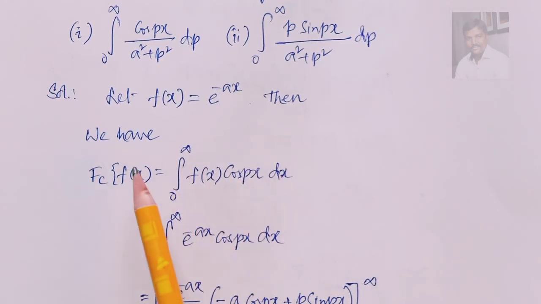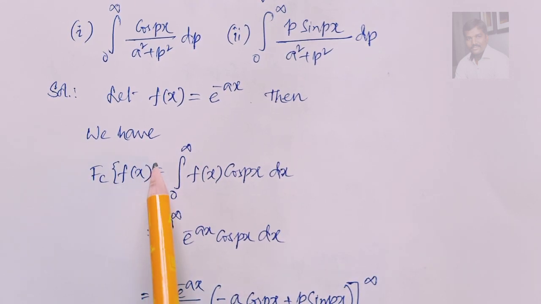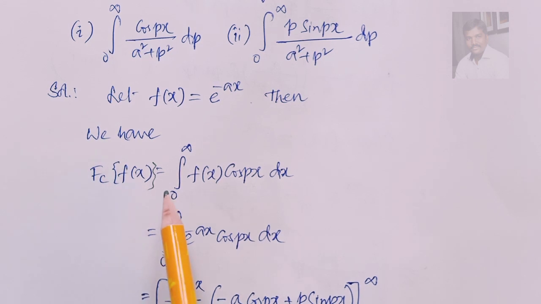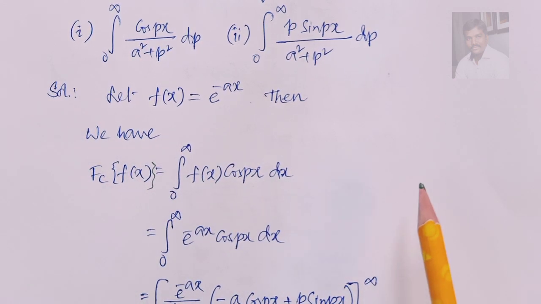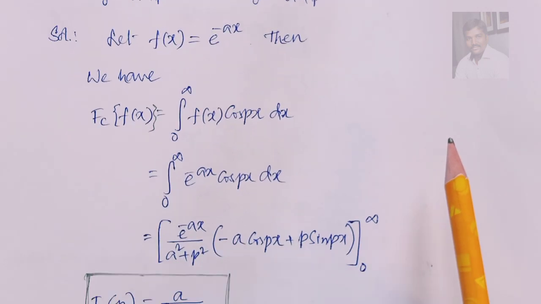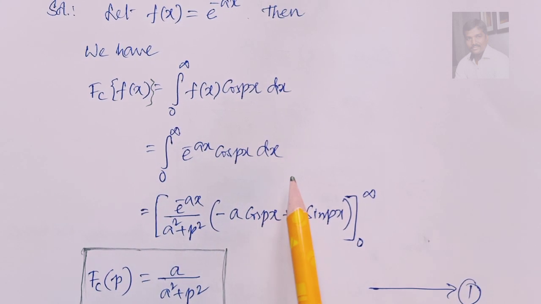We have the Fourier cosine transform formula: Fc of f(x) is equal to the integral from 0 to infinity of f(x) cos px dx. Since f(x) is e^(-ax), substitute it in this: the integral from 0 to infinity of e^(-ax) cos px dx.